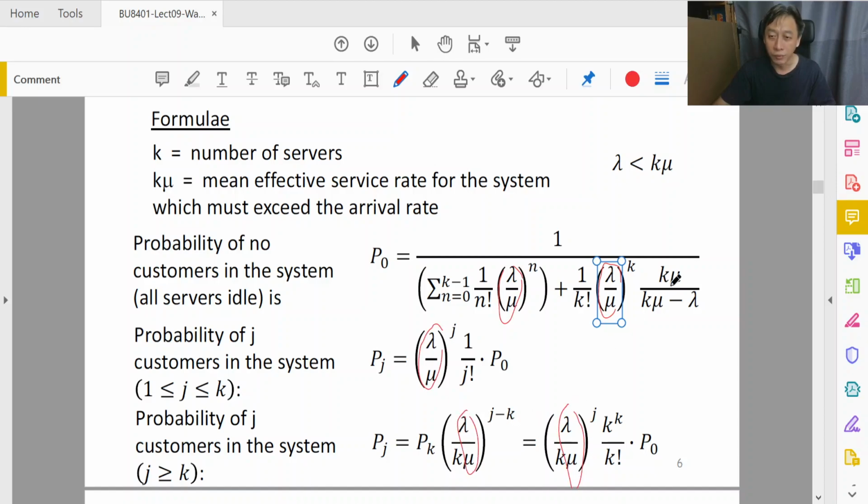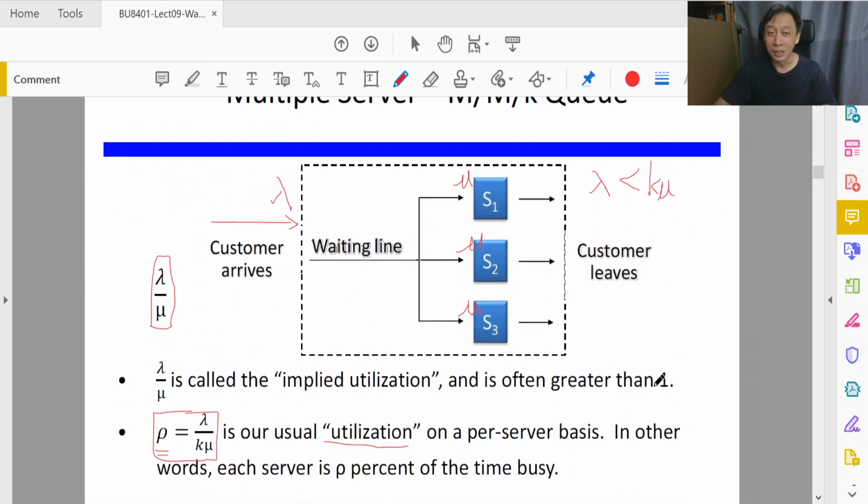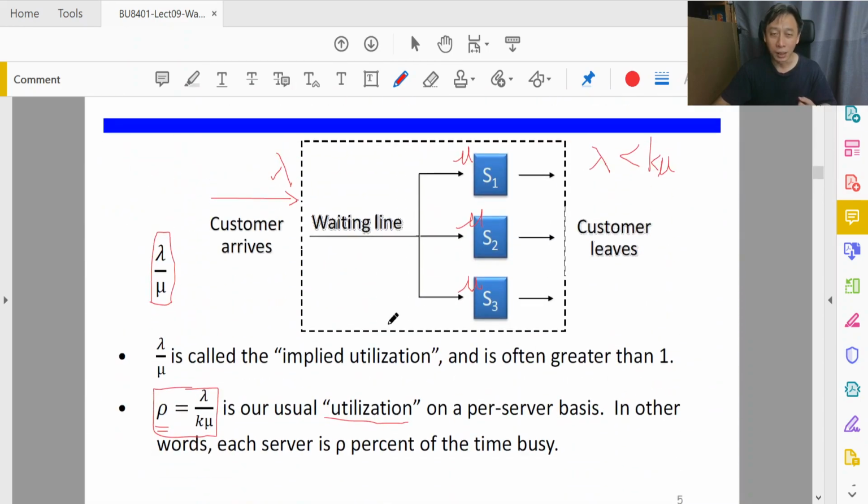So much so, in fact, this is also lambda over mu too, because if you cancel this out, this is lambda over mu. So lambda over mu is a factor that pops up everywhere. So much so that we have to think that there must be certain significance about it. And it indeed seems to be so, and it earns itself a name called implied utilization.